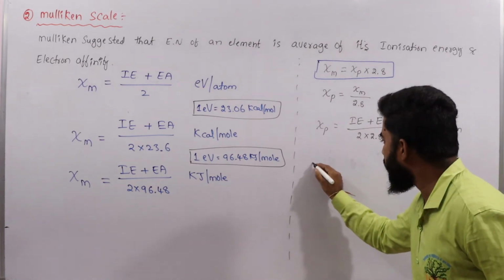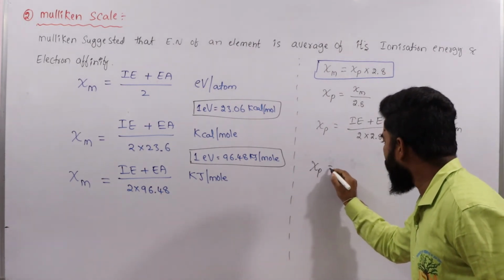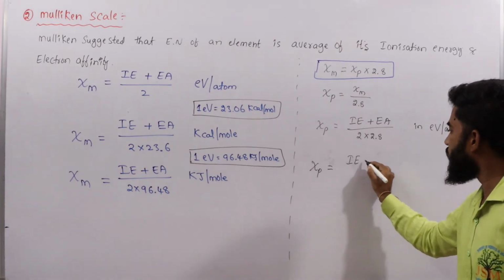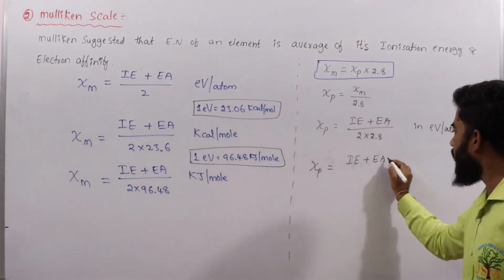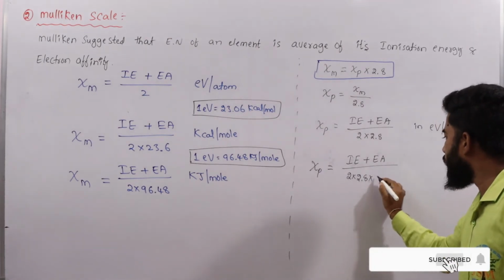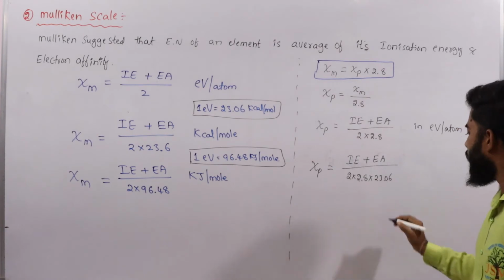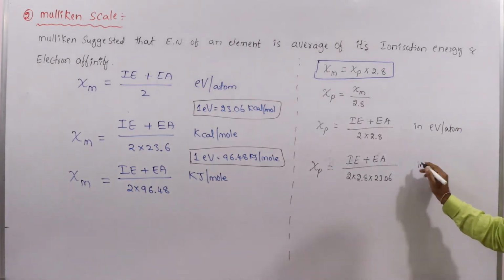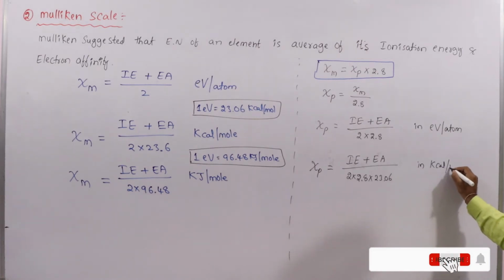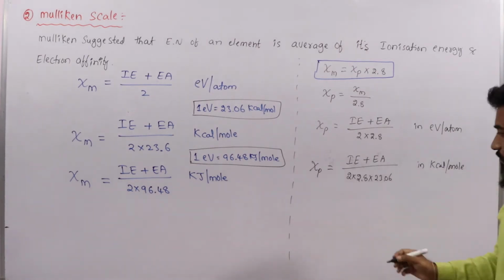Similarly, Pauling scale electronegativity is (ionization energy plus electron affinity) by 2, into 2.8 into 23.06. We can use this equation when both energies are in kilocalories per mole.